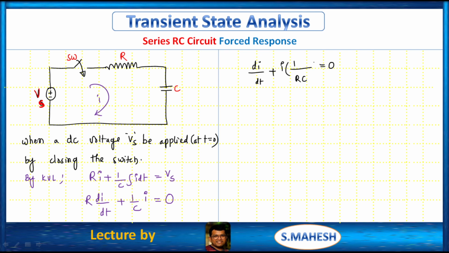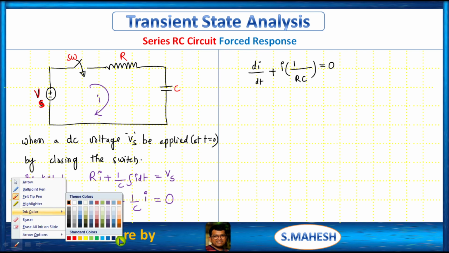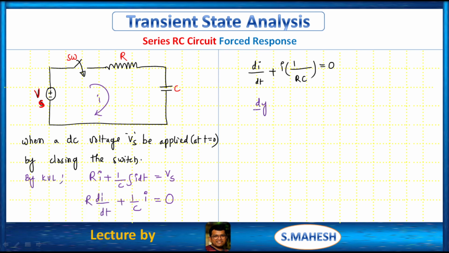Then this equation looks like what? dy by dx plus ax, which is equals to 0, right? That is a homogeneous differential equation. Therefore, the general solution, which is equals to what?